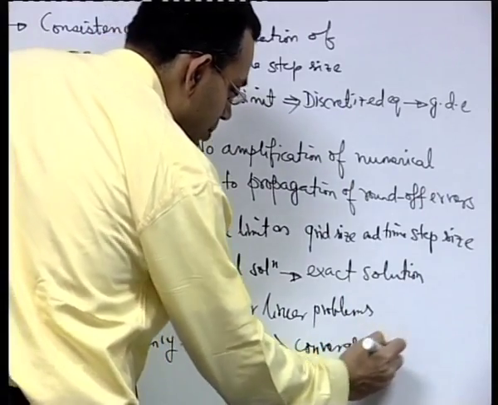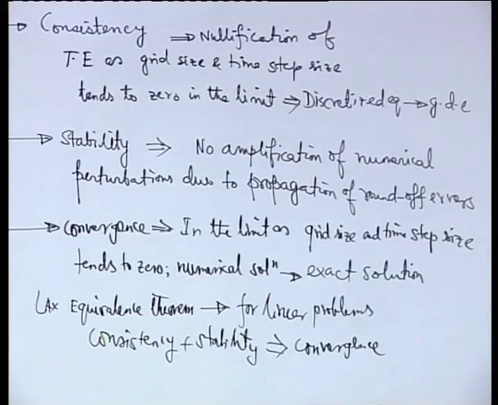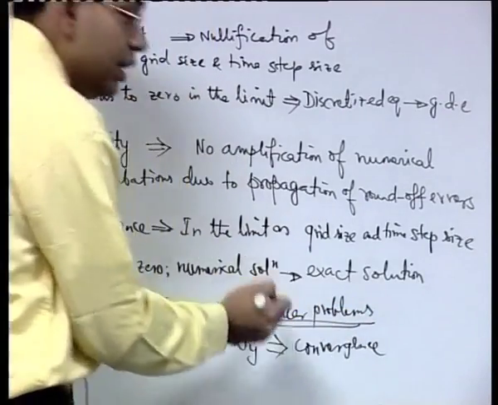So, consistency plus stability implies convergence, but very importantly only for linear problems.